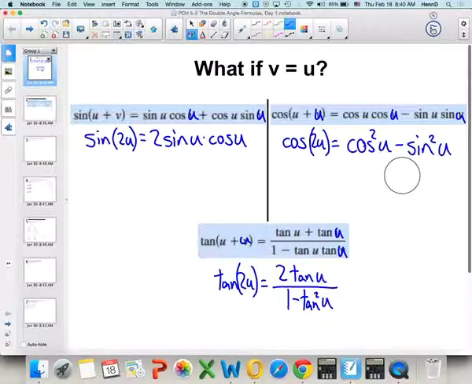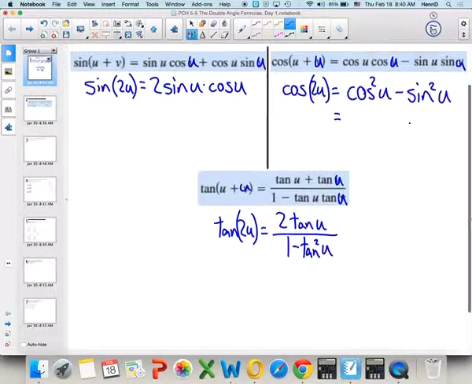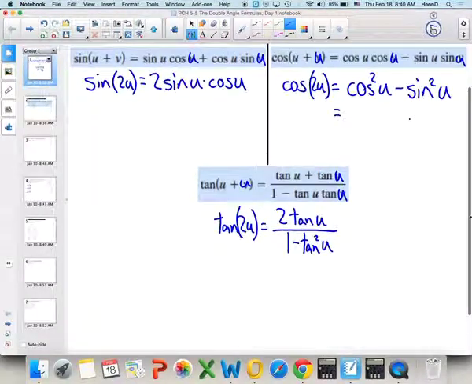Now, Howard, were you going to say something else? 1 minus 2 sine squared u. Hang on, Andrew. So what did you do? Right here for cosine, you did 1 minus sine squared, right, Howard?